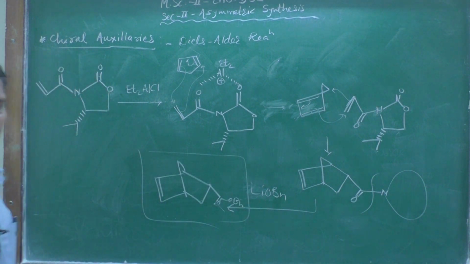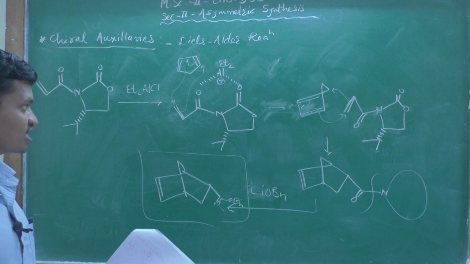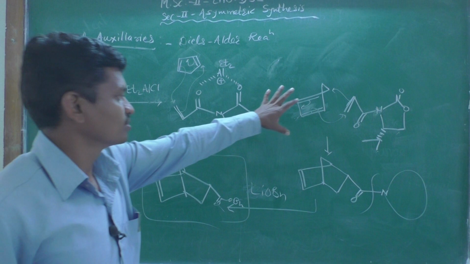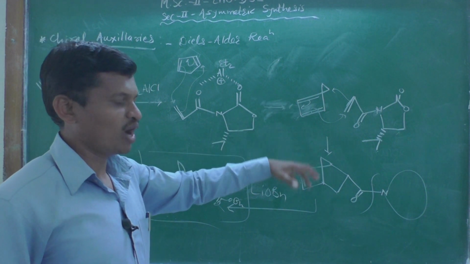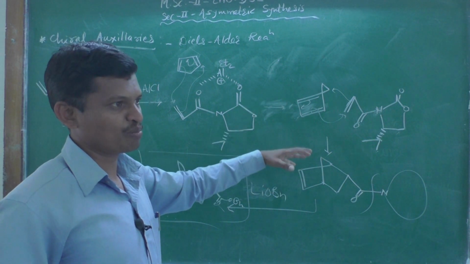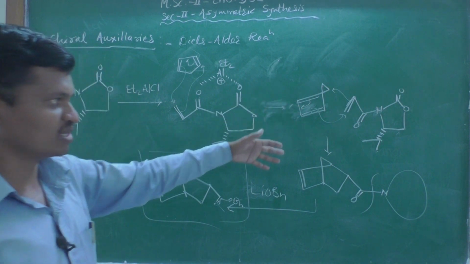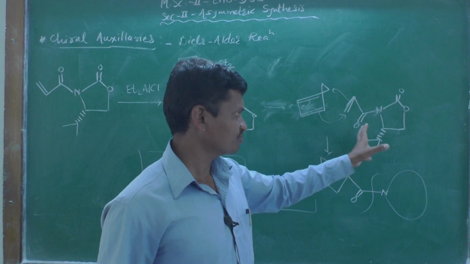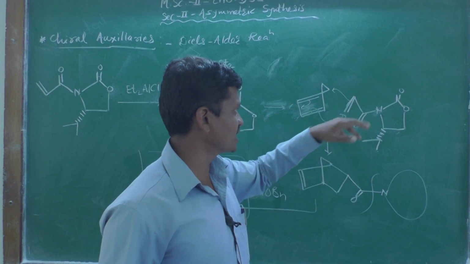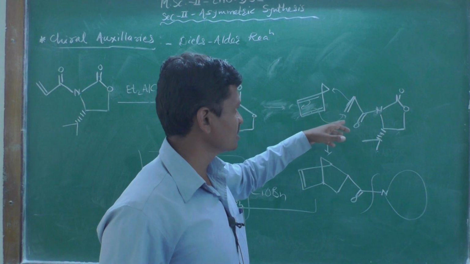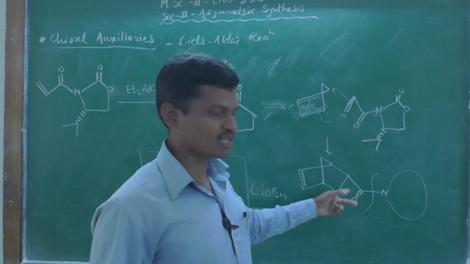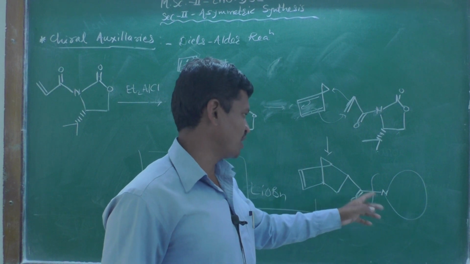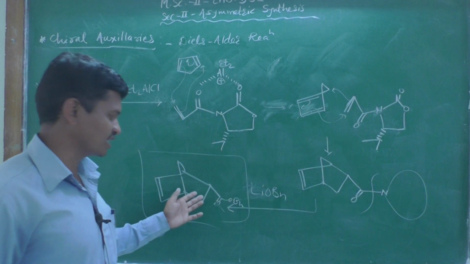This explains why the top face attack of the dienophile takes place: this side is blocked due to the chiral auxiliary, so only this attack is possible, and hence only this type of product. Only by breaking this amide bond with LiOBn we get the final product.